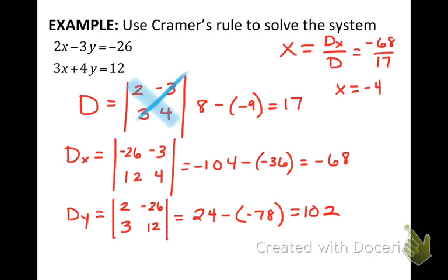Your y is equal to d sub y divided by d. So 102 divided by 17, which is 6. So our solution is -4, 6.